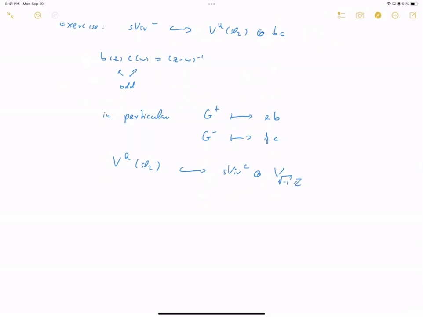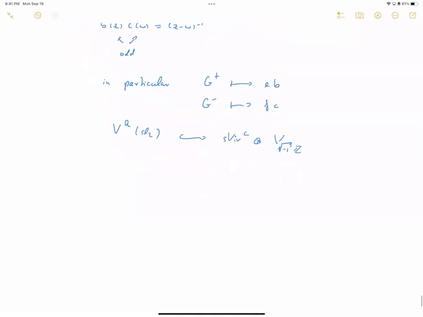So that means if I tensor my super Virasoro with the integer lattice VOA, where the integer lattice is rescaled by square root of -1, then I can go back. So here, this lattice VOA, let's say, is generated by two fields. And let me use this notation. So let's call these fields x plus and x minus.